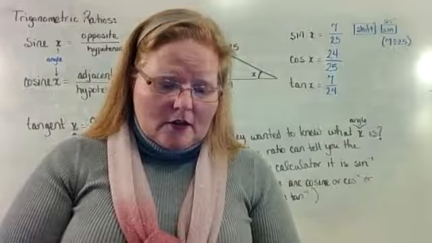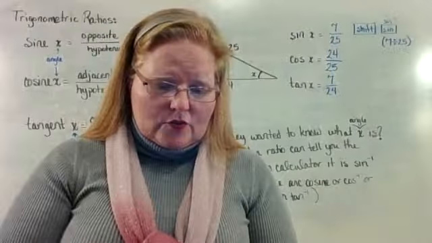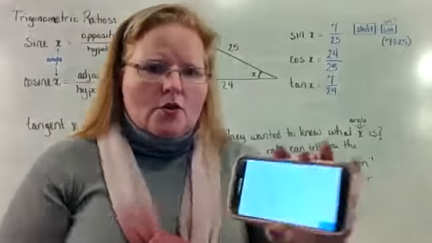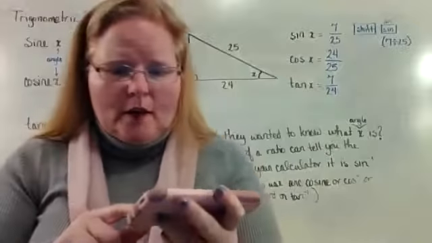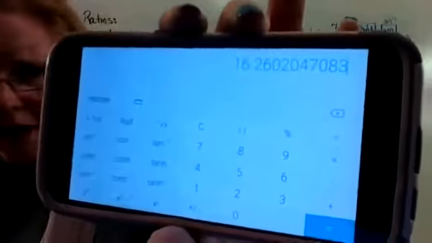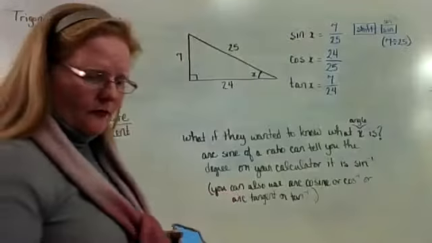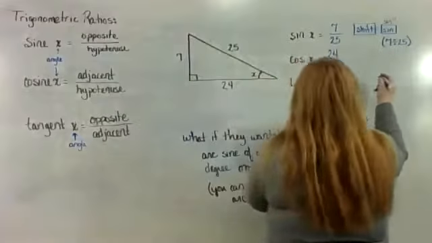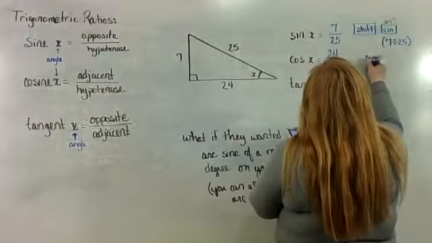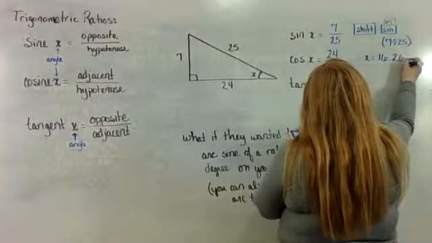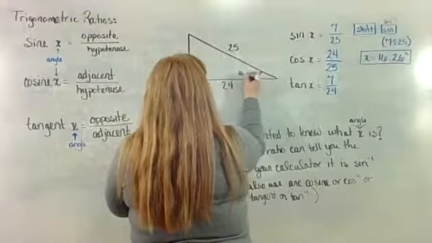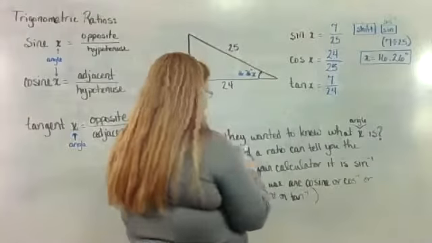So arc sine of 7 divided by 25, close my parentheses. So see, that's what it says. I don't know if you can see it or not. There it is. And then I press enter, and it gives me that 16. So that means that this degree here is actually 16.26. So 16.26 degrees is what we got.